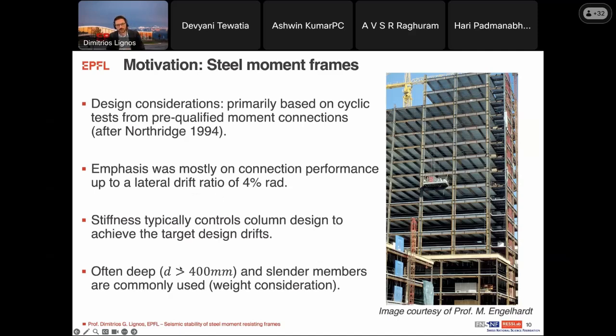So in this case, you may see that the designer will have to use what we call deep sections that are very slender. And the reason why we do this is because we also try to reduce the steel weight to ensure that the design becomes a bit more economic.